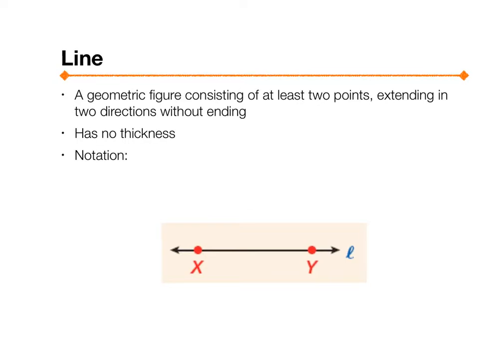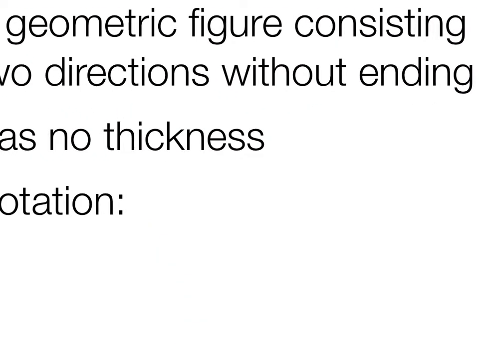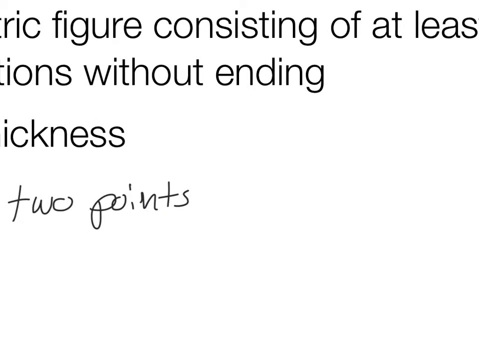A line is a geometric figure consisting of at least 2 points. It extends in 2 directions without ending. It has no thickness, and its notation is 2 points on the line. So this line can be called by 2 points on the line.